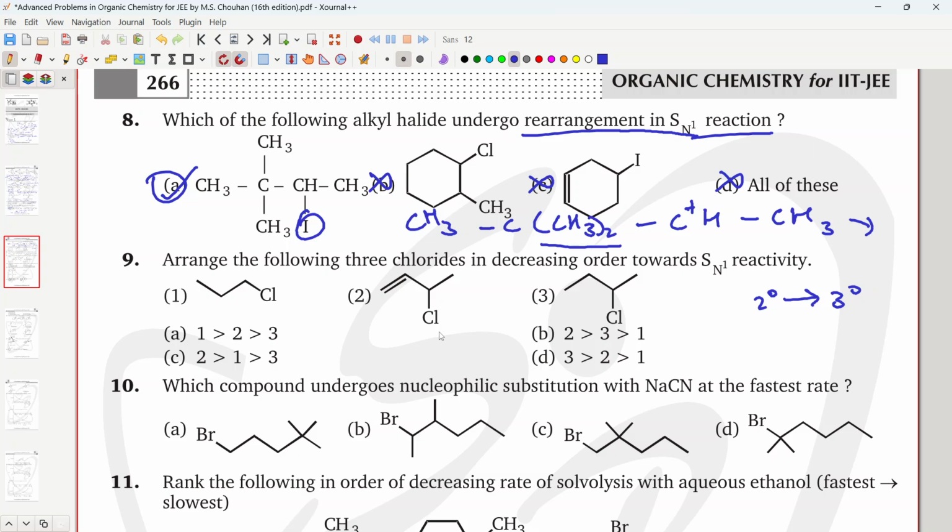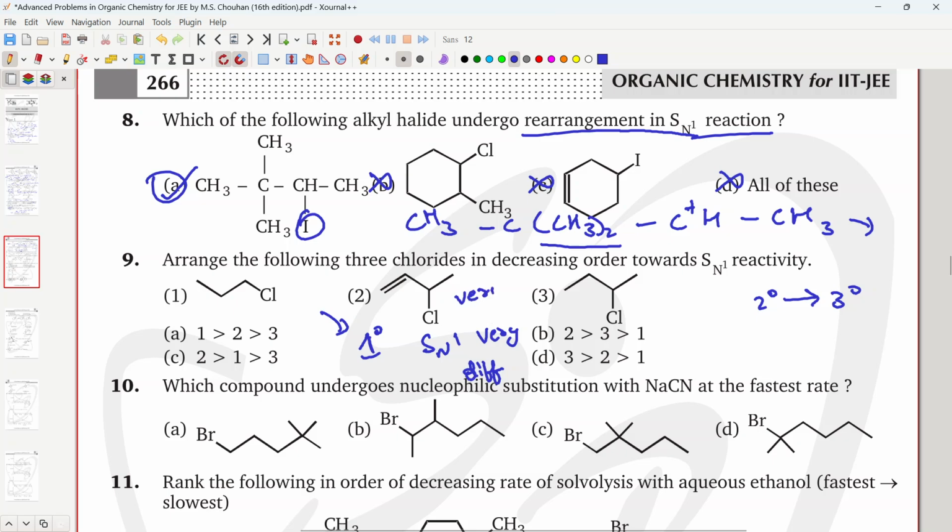Okay. Now for the decreasing order of SN1 reactivity among the following. One, this is a primary. SN1 very difficult. Now, 2 is an allylic chloride. Carbocation is formed and is resonance stabilized.